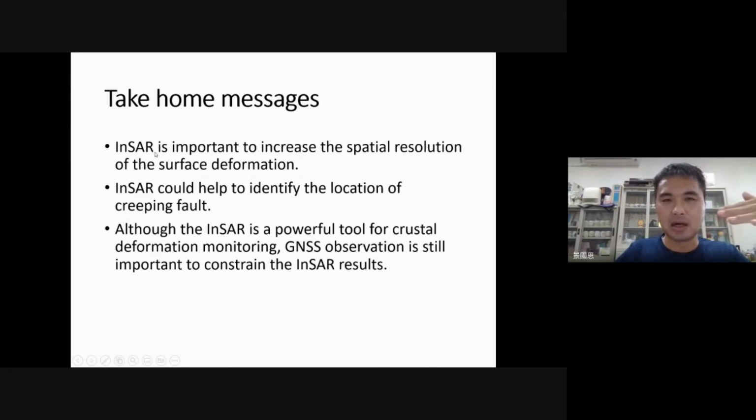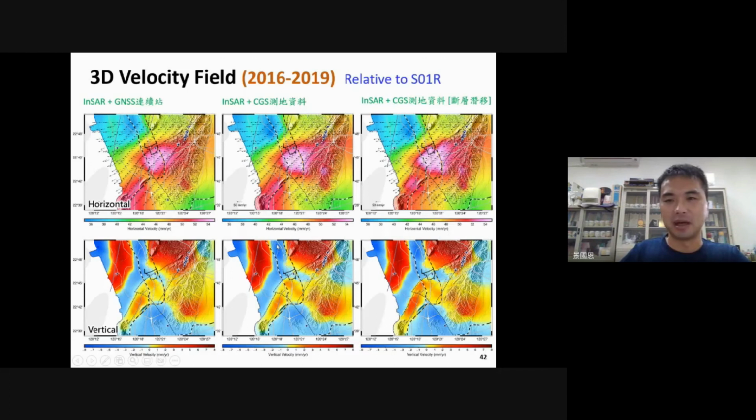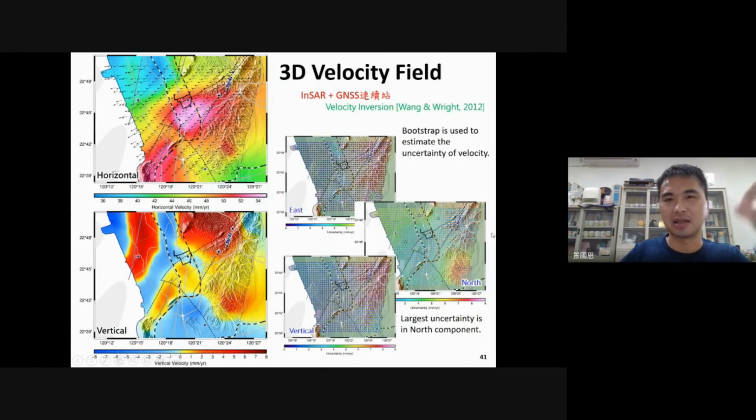InSAR is really very important to increase the spatial resolution of the surface deformation, especially for the creeping fault identification. However, the GNSS data is still very important for us to constrain the InSAR result, just like this test.